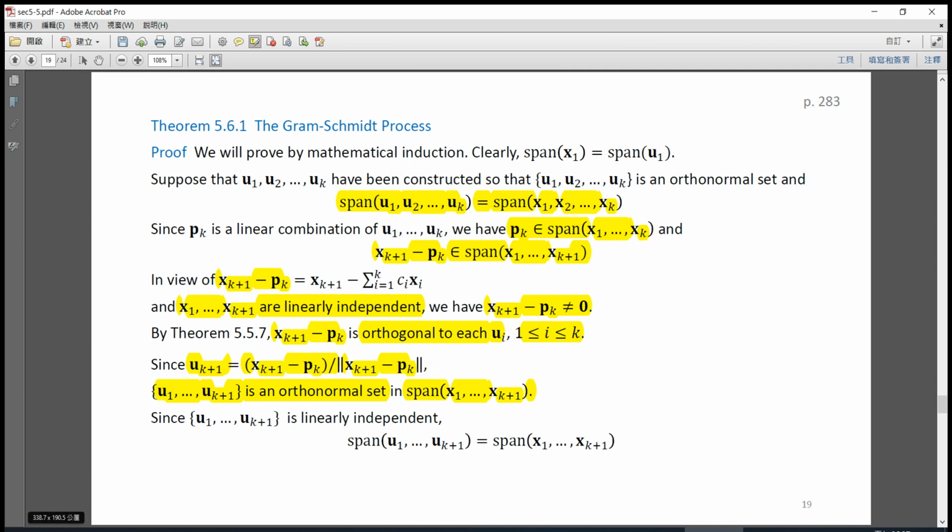And since u1, u2, up to uk plus 1 is linearly independent because the vectors are mutually orthogonal, which implies linear independence, we have the span of u1, u2, up to uk plus 1 equals the span of x1, x2, up to xk plus 1, and the proof is finished.